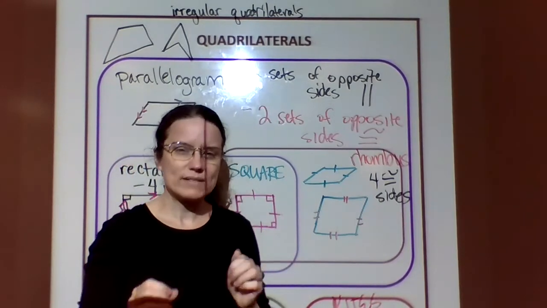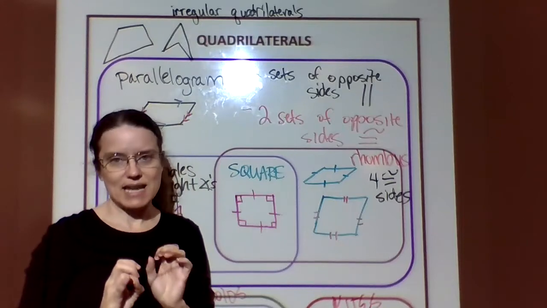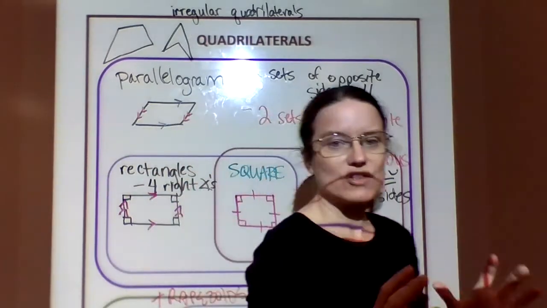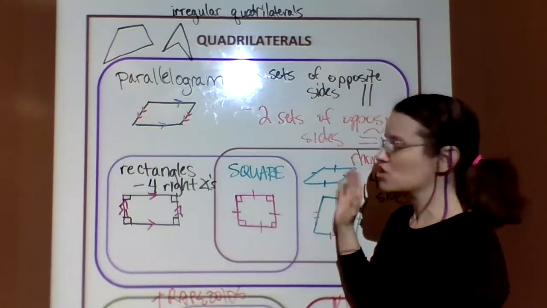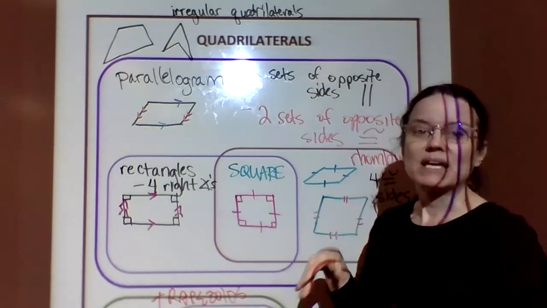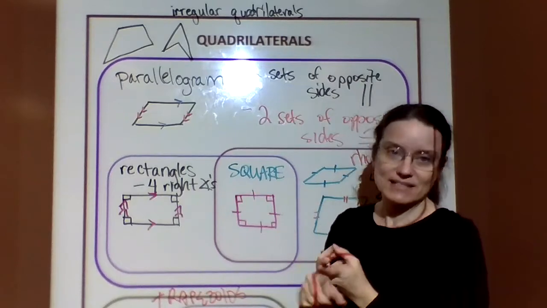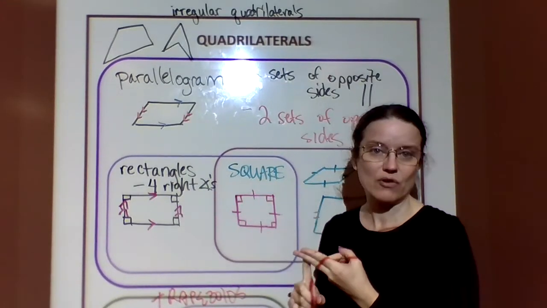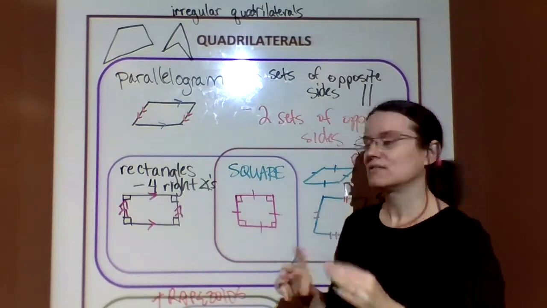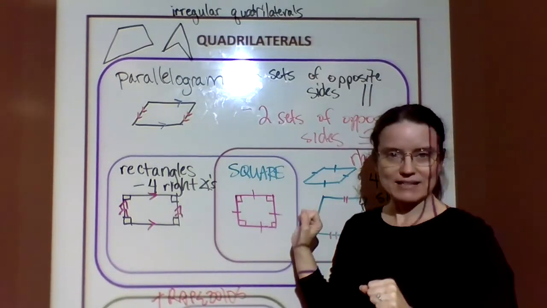Or we might ask you, what's the most specific name for a shape? What name tells you everything about it and how special it is? In which case you would just say this is a rhombus, because a rhombus name will tell you that yes, it's a quadrilateral, yes, it has 2 sets of parallel sides and is a parallelogram, but calling it a rhombus tells you you have 4 congruent sides.